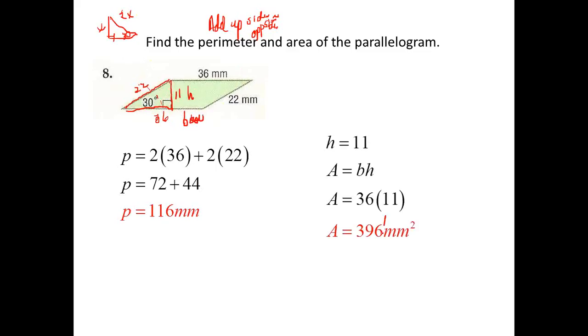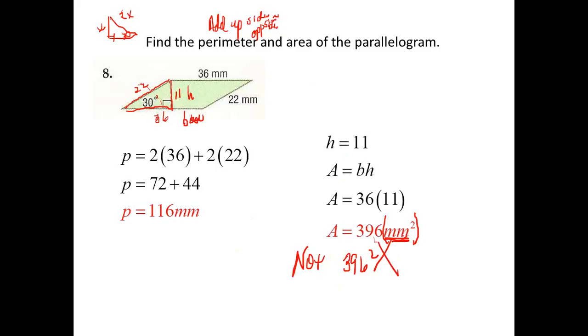Again, if you're going to write unit squared, that is the only thing squared. Do not put 396 squared. Because if I say 396 squared, that gets to be a huge number. Because that means I'm supposed to square that number too. So if you're going to use the units, say what the units are.